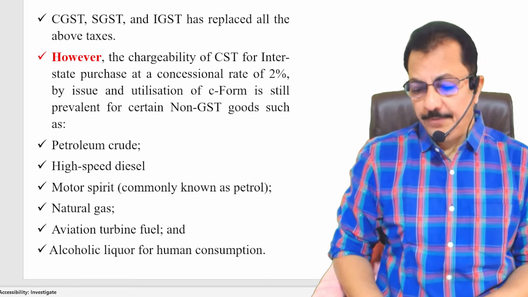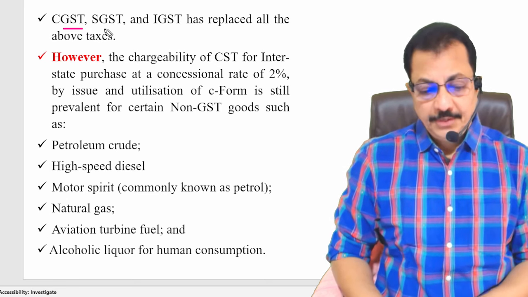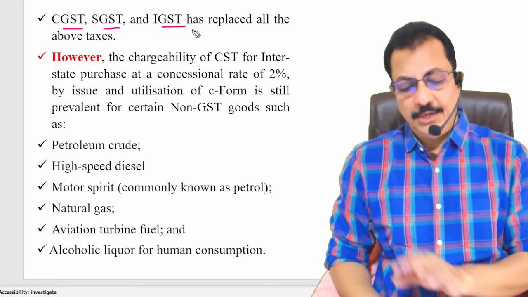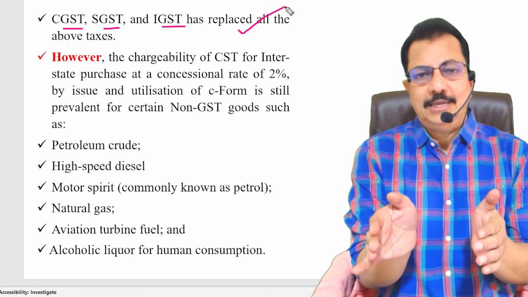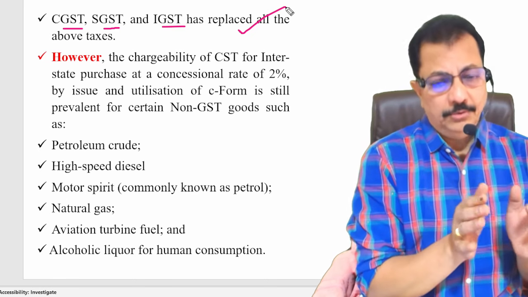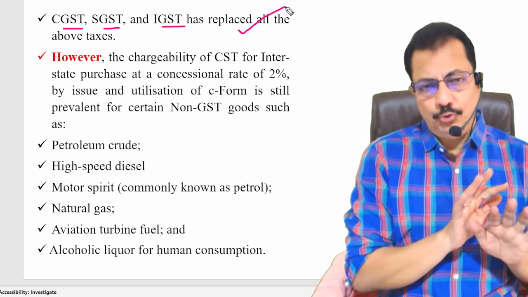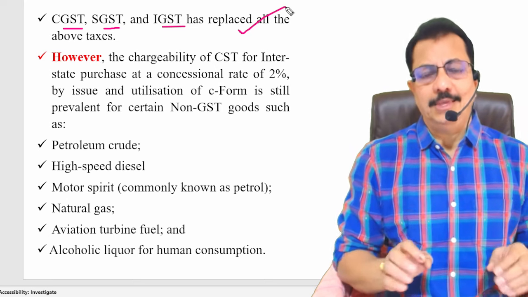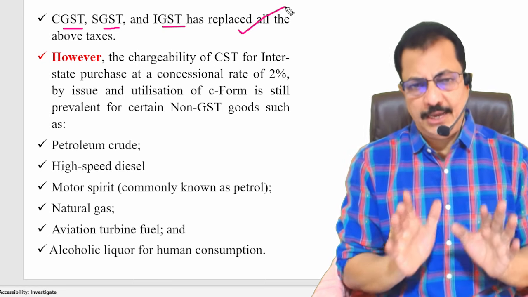If you look at this, we know what CGST, SGST and IGST are. These three have replaced all the above taxes. So all the taxes we saw on the earlier screen are no more existing. They are included under CGST, SGST, and IGST.